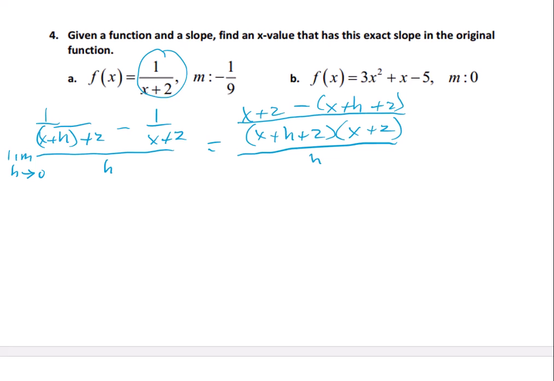All right, let's keep going, and that's the limit again. So on top, I've got x plus 2 minus x minus h minus 2 over that same denominator over h.